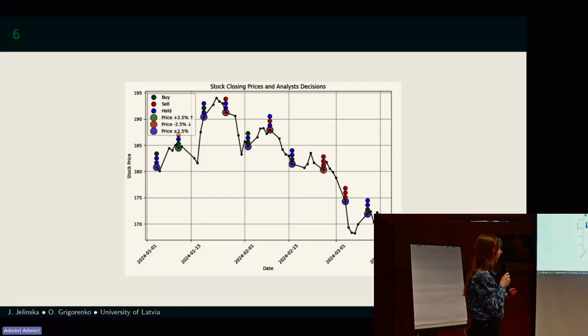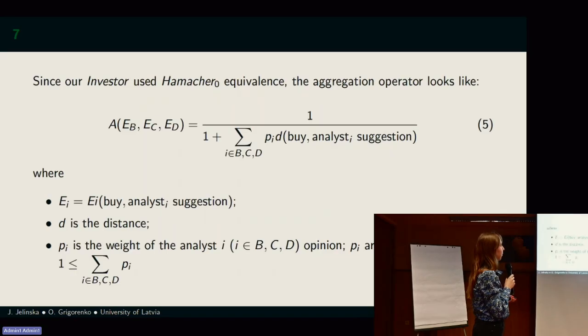So yes, again, for example, here it would be 0.5 because the red one is to sell, 0.5 equivalence, 0.5 equivalence, and so on. And when we want to combine these equivalences, he uses the corresponding aggregation operator, which looks like this.